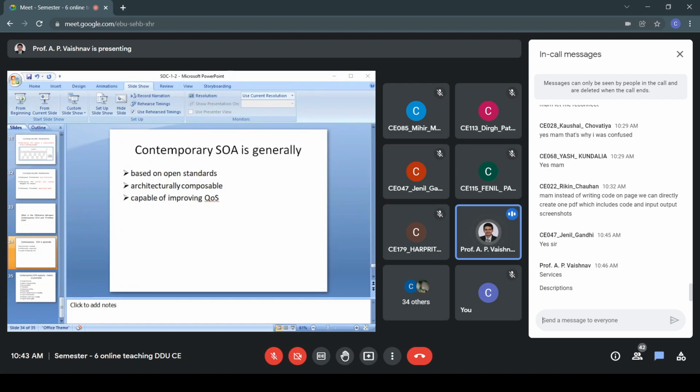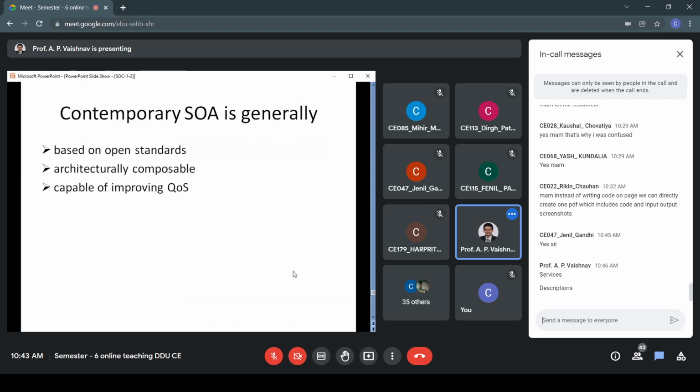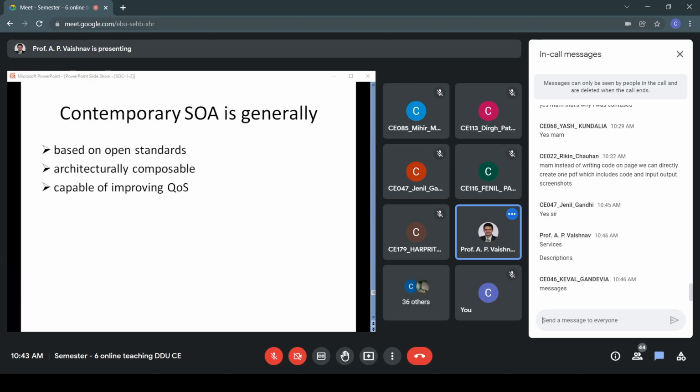And does anyone remember the third component of primitive SOA? Which component is missing when we have to perform communication? Messages. Correct, Keval. So these three entities make your basic SOA or primitive SOA.